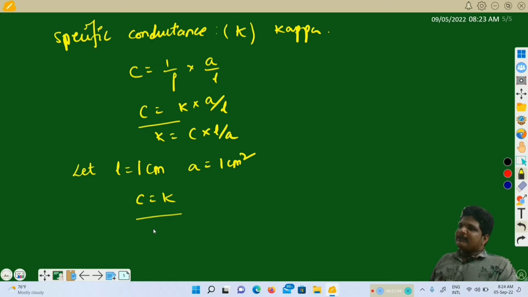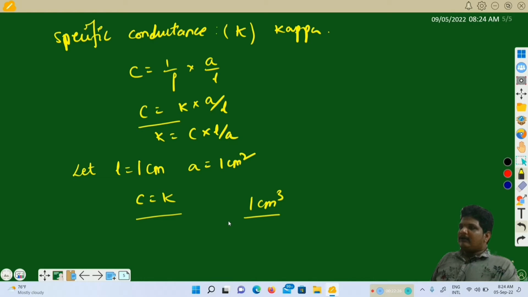What is specific conductance? The conducting power of all the ions present in the 1 centimeter cube electrolyte solution. So get my point: the conductance offered by all the ions present in the 1 centimeter cube area is the specific conductance.